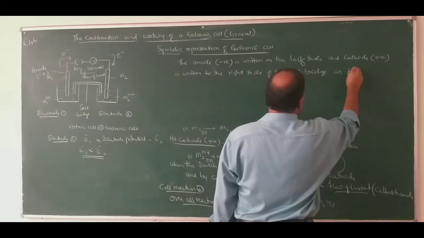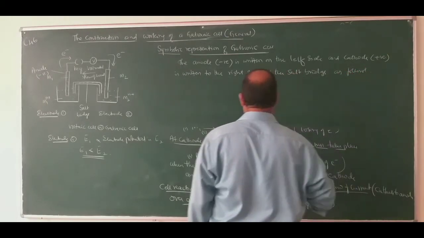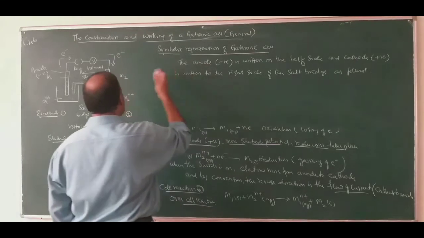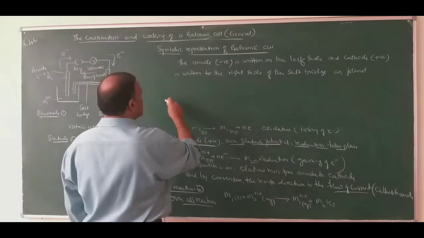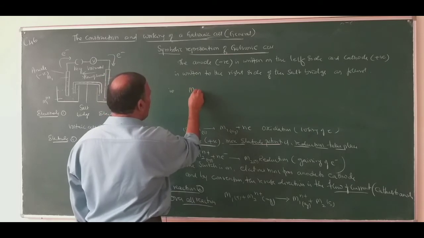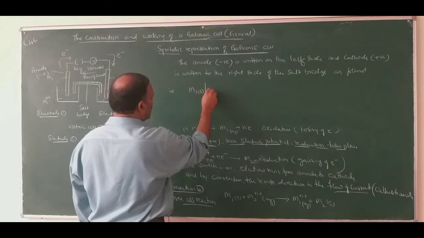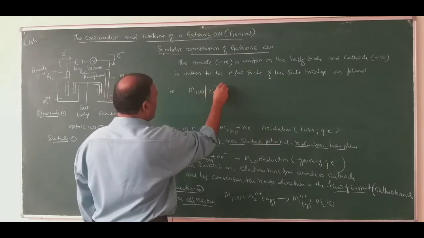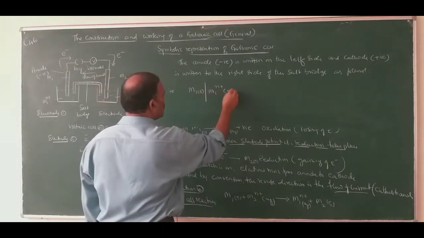As follows. So how is the anode represented? Anode, that is M1(s) bar M1^n+(aq).